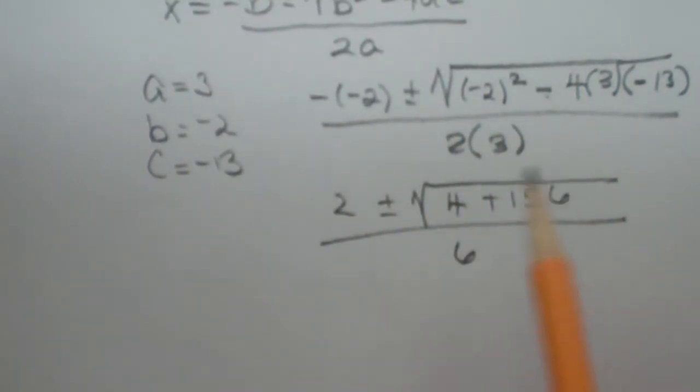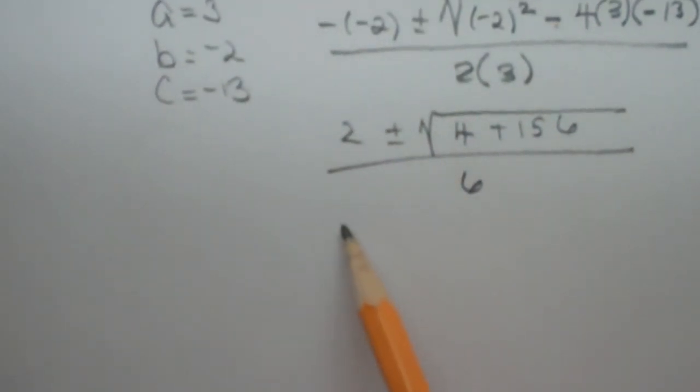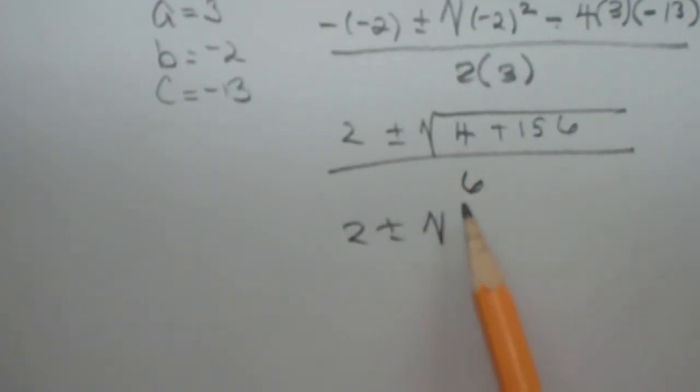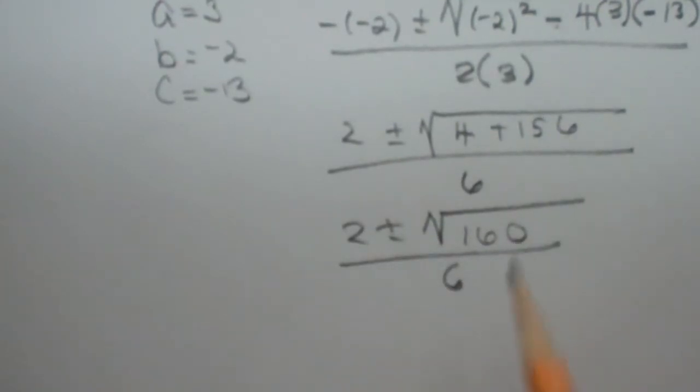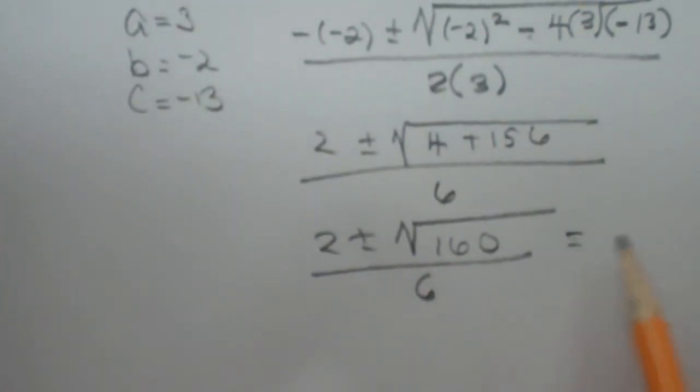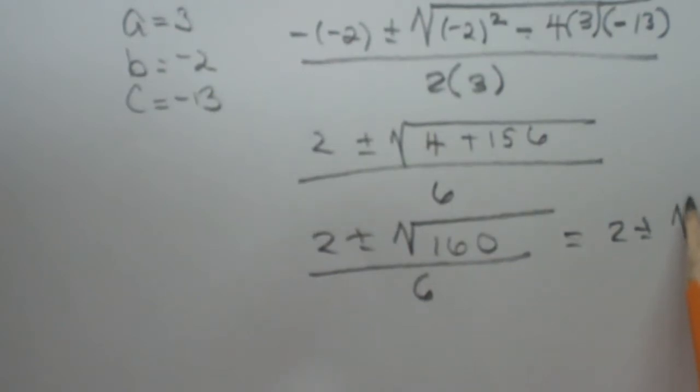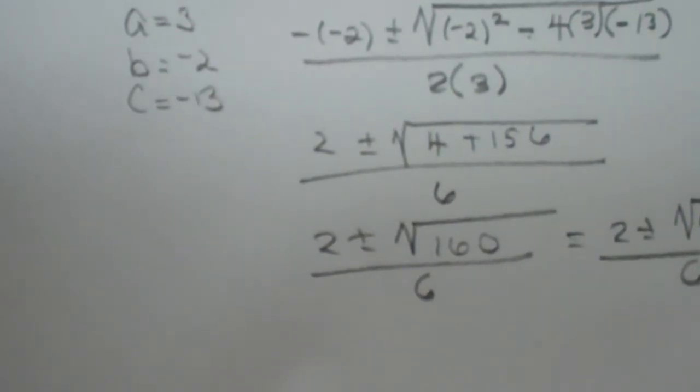We can simplify this a bit more, of course. So this is 2 plus or minus the square root of 160 all over 6. Now this 160 is the same thing as 16 times 10. So this is equal to 2 plus or minus the square root of 16 times 10, and this is all divided by 6.